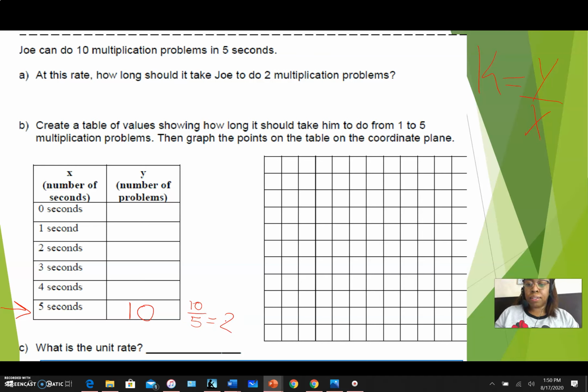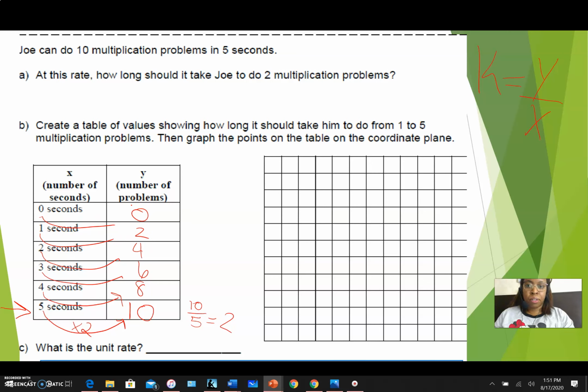So that means that to go from 5 seconds to the amount of multiplication problems Joe can do, we multiply by 2. We can do the same on this row, and on this one, and keep going until we are finished with our table.